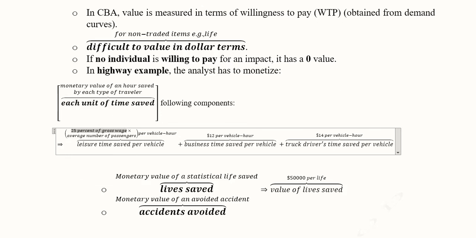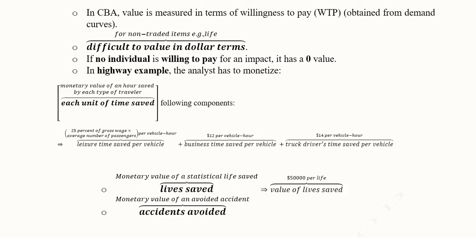For example, we can say that 25% of the gross wage, when we multiply it with the average number of passengers traveling, gives the leisure time saved per vehicle, because every vehicle will have a different number of passengers, and we can take the average. Then we calculate the product with the monetary value, and 25% of the hourly wage we consider as the value of leisure time.